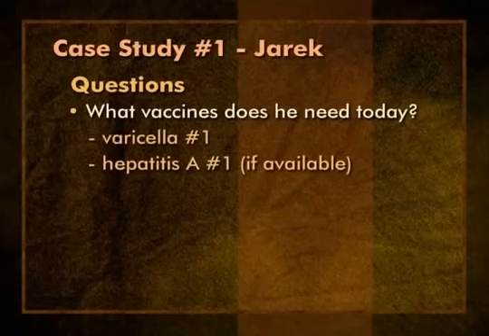At today's visit, Jarek needs his first dose of varicella vaccine. He could also receive his first dose of hepatitis A vaccine if your state or county has a catch-up program for hepatitis A. You will need Table 1 to determine if the doses of vaccine he received in Poland can be counted.